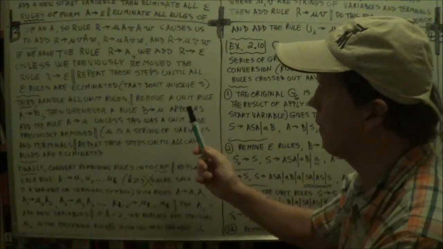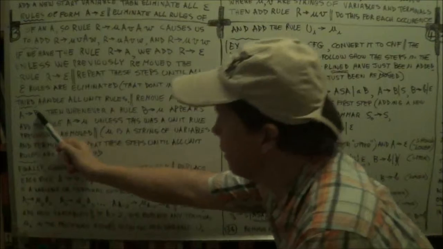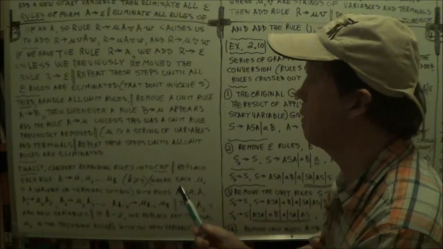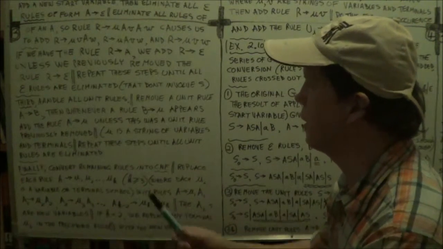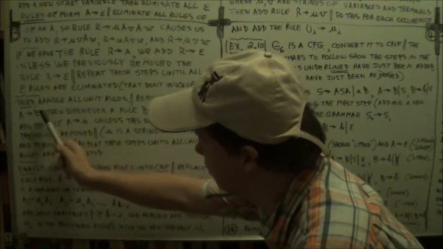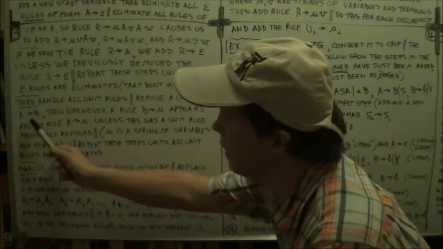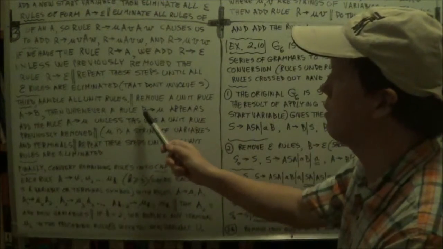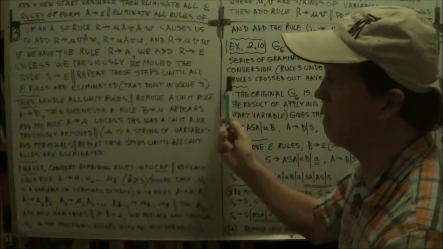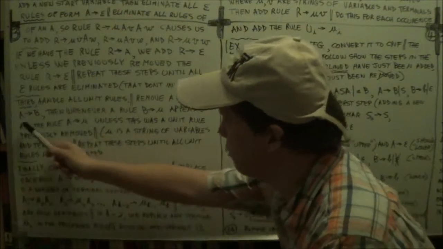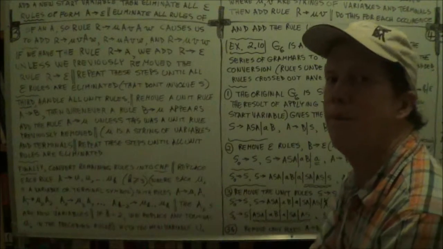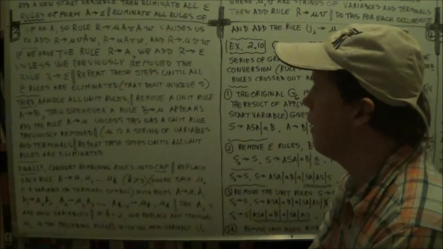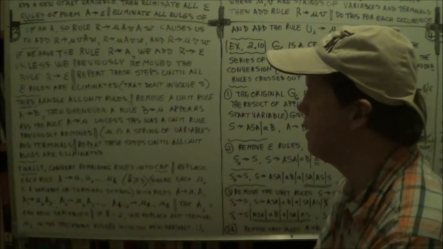Now we've eliminated this, but to repair the damage, so to speak, can you see what this is saying? It's saying substitute A for B, and this is saying substitute B for U. So that's effectively the same as saying substitute A for U, right? Okay.